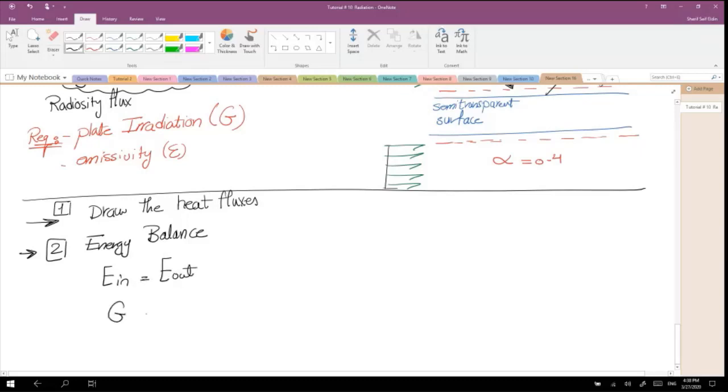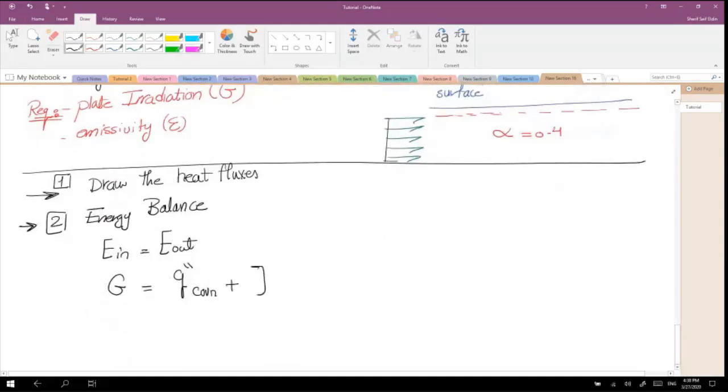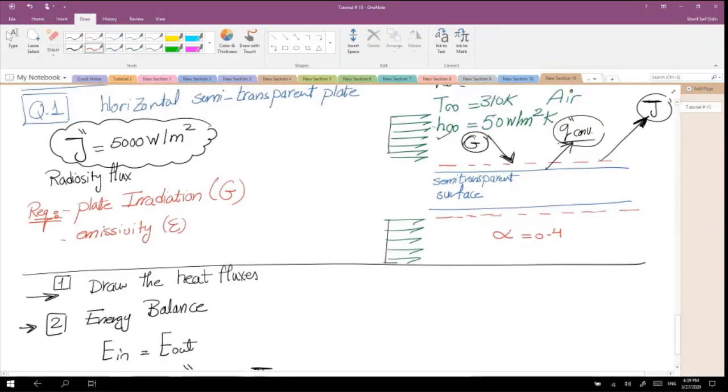Energy in here is G, energy out here is q double dash convection plus the radiosity J. Alright, so this is what we're looking for, right? So q double dash convection is basically h multiplied by Ts minus T infinity, plus J. And I forgot to tell you that the surface temperature given in that problem was 360 Kelvin.